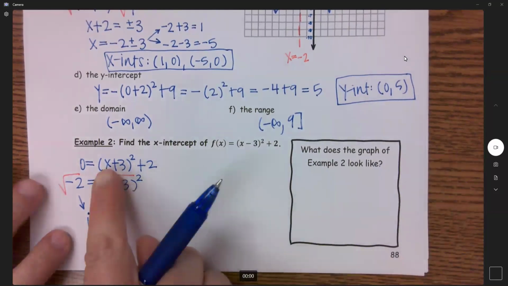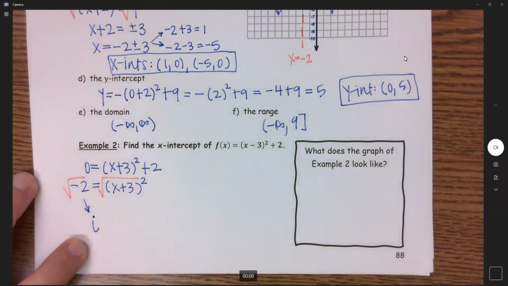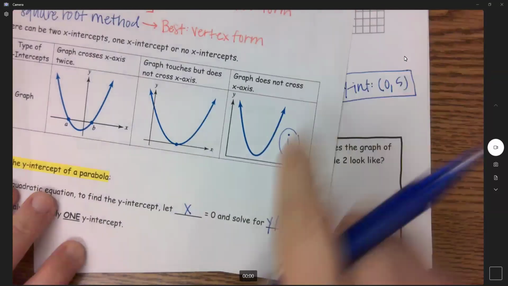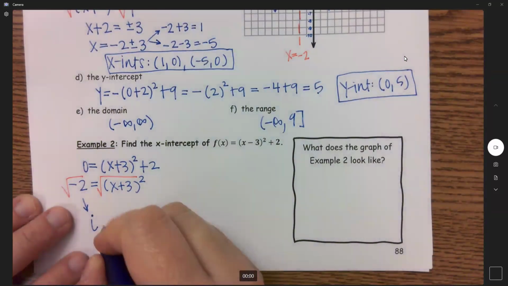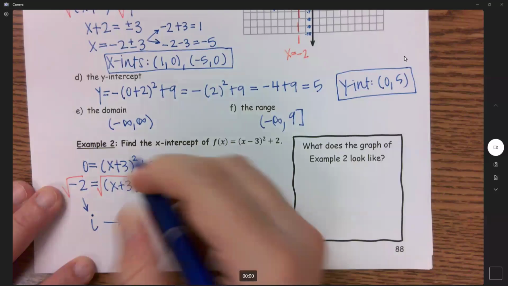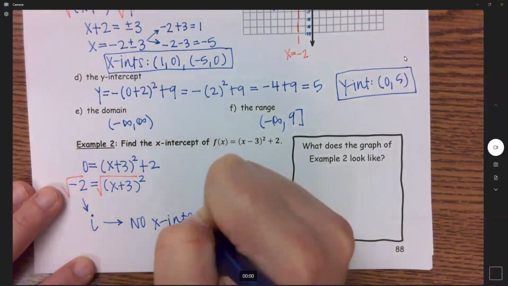So if I am finding the x-intercepts and I get imaginary answers, that means I have no x-intercepts. So, no x-intercepts.